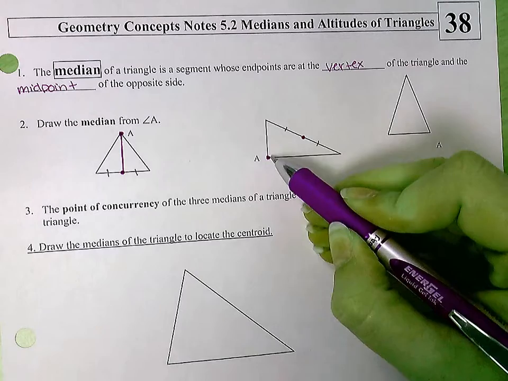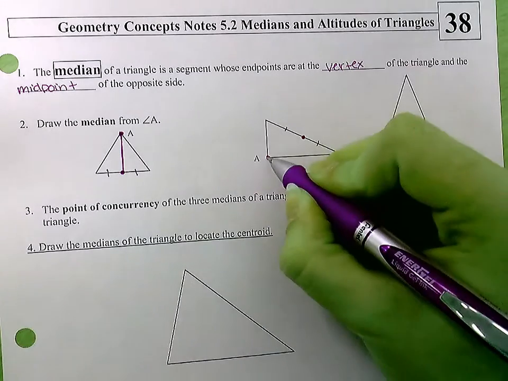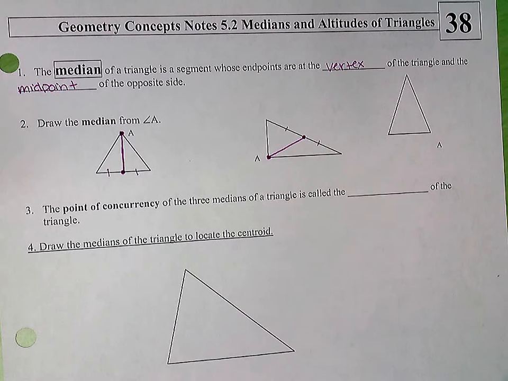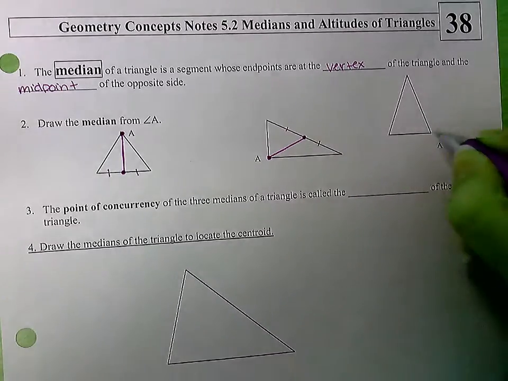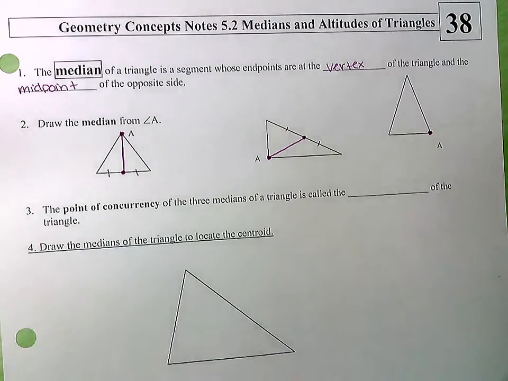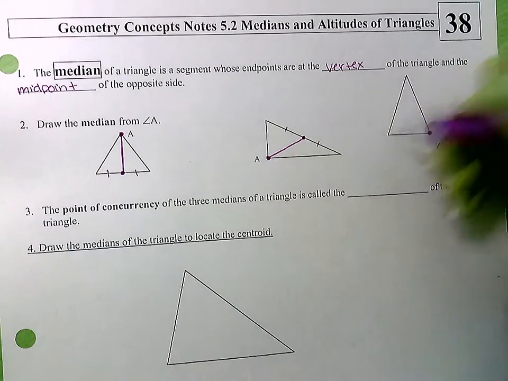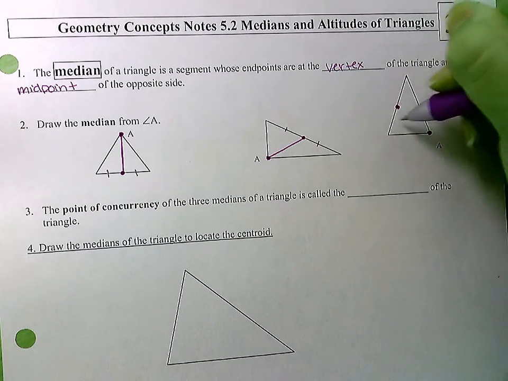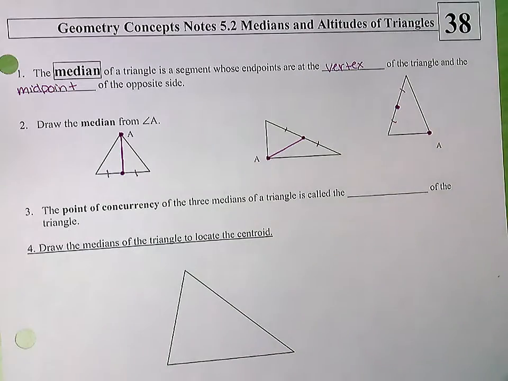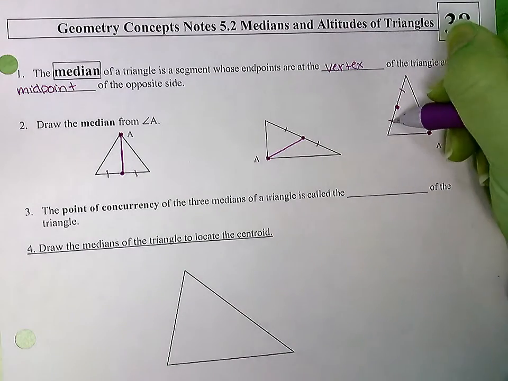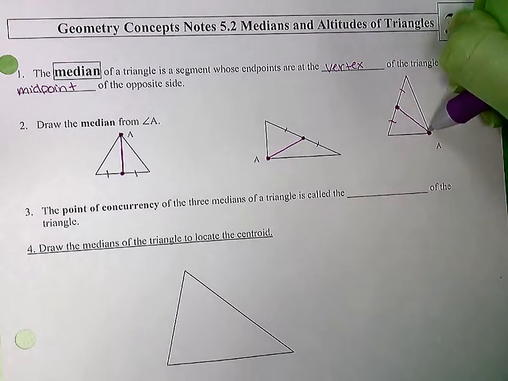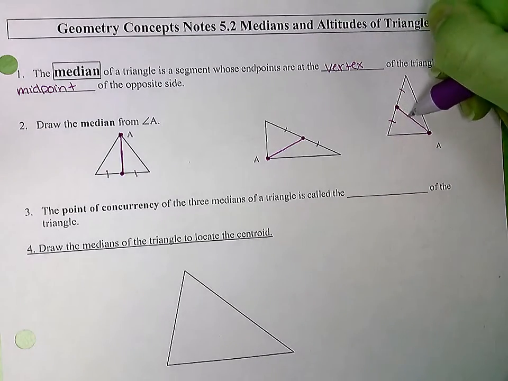And then we want to draw in the median, so from your angle to that midpoint. Last one, angle A is right here. We want the midpoint of that opposite side. Okay, since that's the midpoint, those two pieces are equal or congruent. And I can draw in my median from those 2 points.